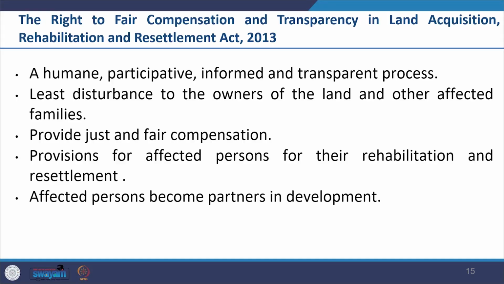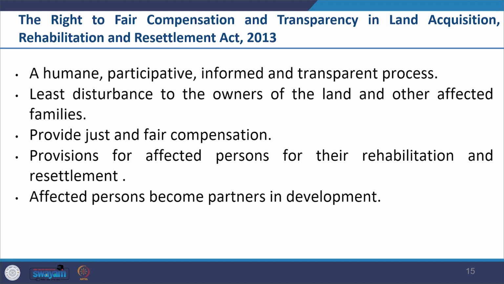The Act states to ensure, in consultation with institutions of local self-government and Gram Sabha established under the Constitution, a humane, participative, informed and transparent process for land acquisition will be adopted for the purpose of industrialization, development of essential infrastructure facilities and urbanization with the least disturbance to owners of land and other affected families.